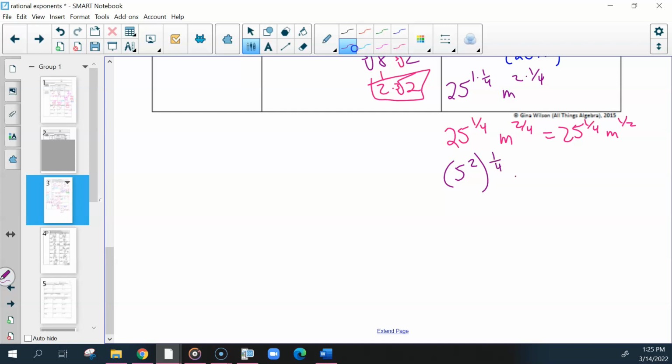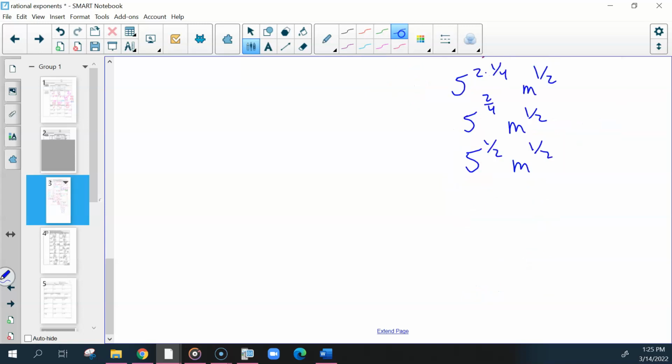We already broke down m to the 1/2. Because 5 squared and 25 are the same thing, I can multiply these exponents. So this would be 5 to the 2 times 1/4, so this would be 5 to the 2 over 4, or 5 to the 1/2.